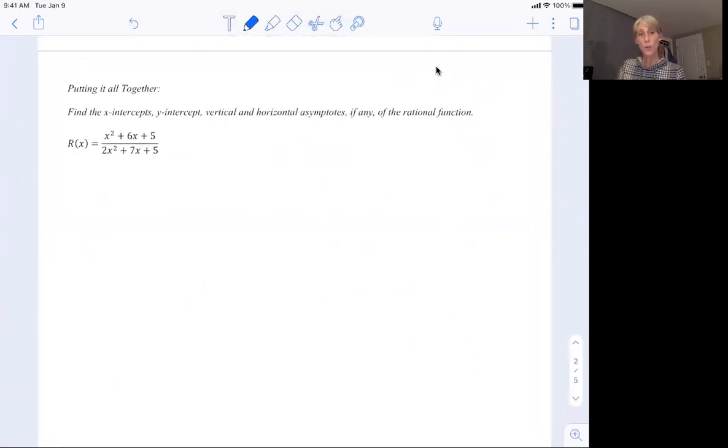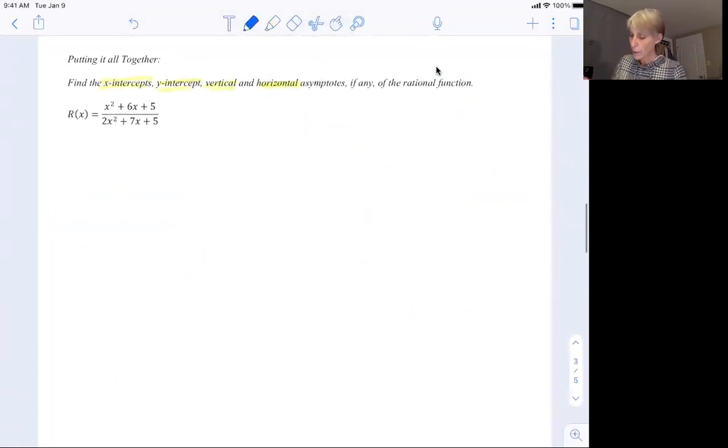Okay, I'm just going to sort of identify all the things listed. X-intercepts, y-intercepts, vertical and horizontal asymptotes. I know I'm going to have to factor this, so I might as well start. 2x squared plus 7x plus 5.